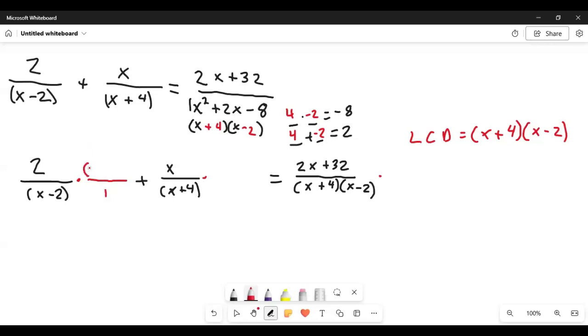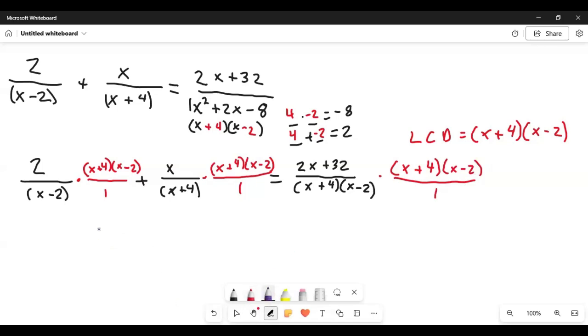So the first fraction gets multiplied by x plus 4, x minus 2 over 1. The second fraction gets multiplied by x plus 4, x minus 2 over 1. And the third fraction also gets multiplied by x plus 4, x minus 2 over 1.